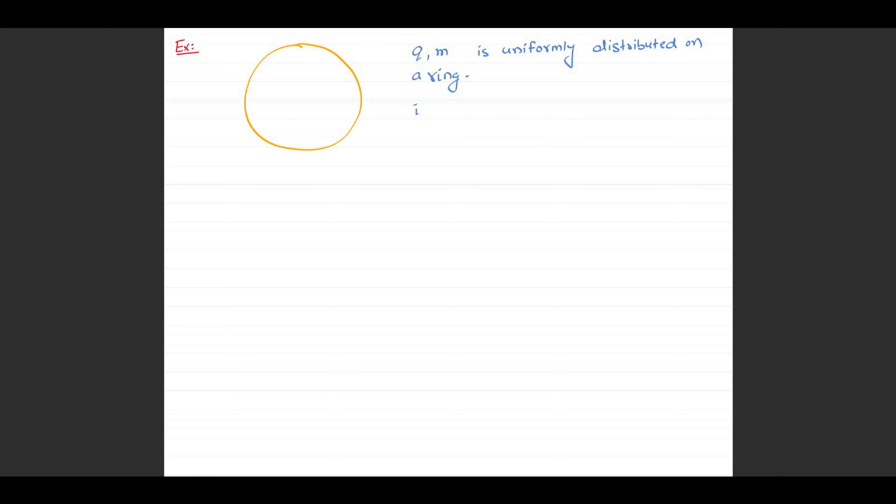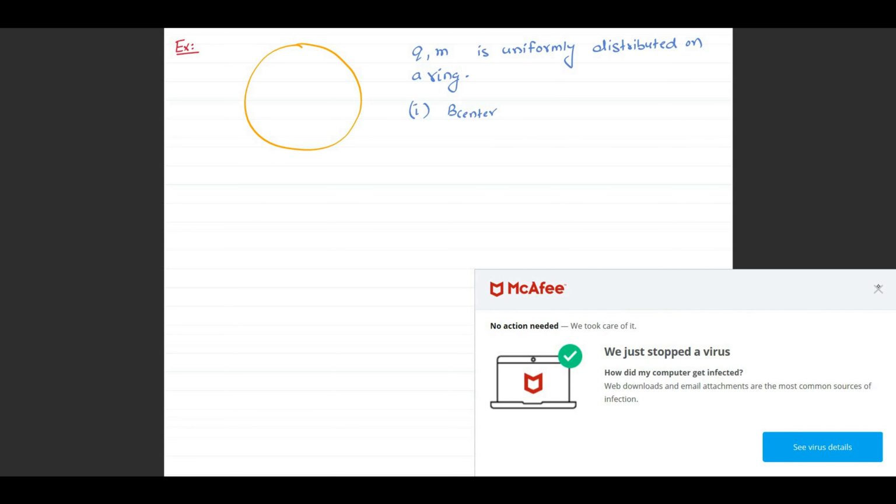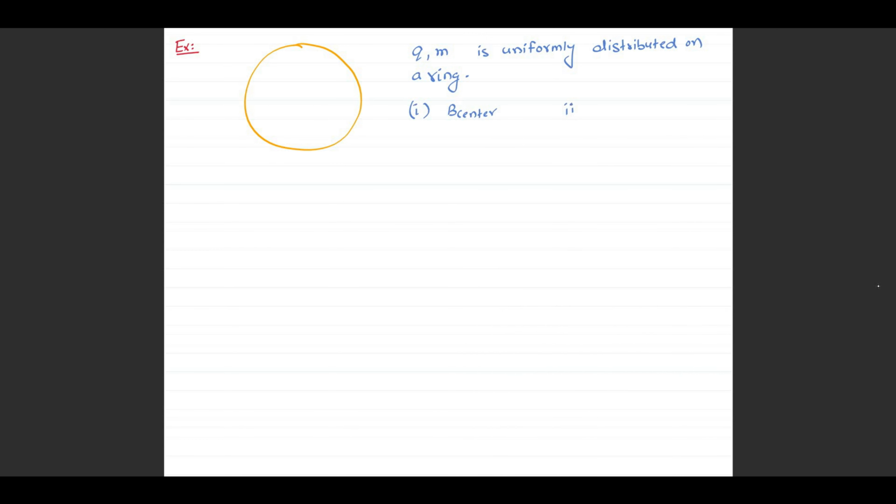We are trying to find out the magnitude of magnetic field at the center, and second, the magnitude of magnetic moment. Say this ring is revolving with omega, and the charge is positive.